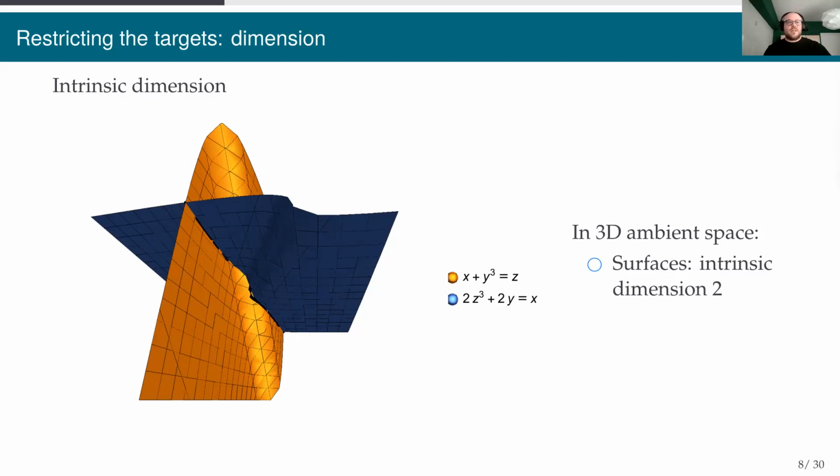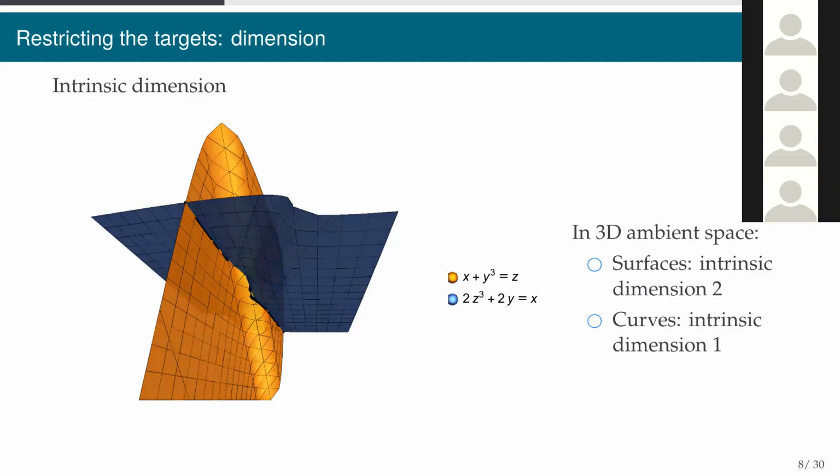So for example, in 3D ambient space, you can think of a surface. Here, either the blue surface defined by 2z cubed plus 2y equals x, or this orangey surface defined by x plus y cubed equals z. And these will have intrinsic dimension 2 because they're flat. Now if you think of a curve, you're going to have intrinsic dimension 1.